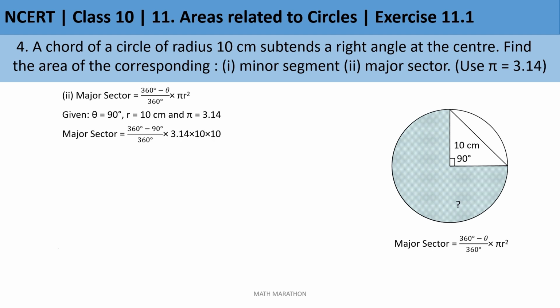Major sector is equal to 360 minus theta, which is 90, divided by 360 multiplied by pi, which is 3.14, multiplied by r square, which is 10 square. 360 minus 90 is 270. Remaining equation I have written as it is.